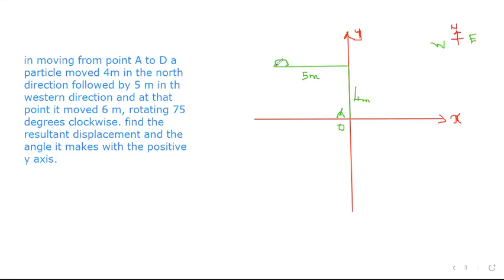So say we are at this point. To rotate 75 degrees from this point, it is here, but at this point, 75 degrees clockwise, it will go to that point.